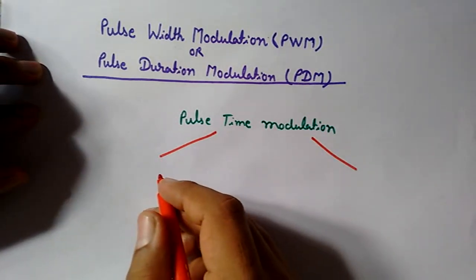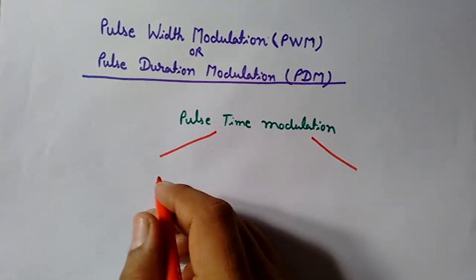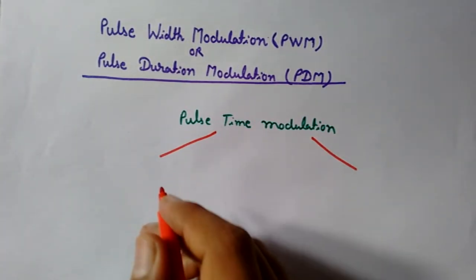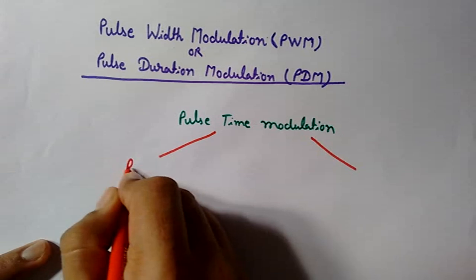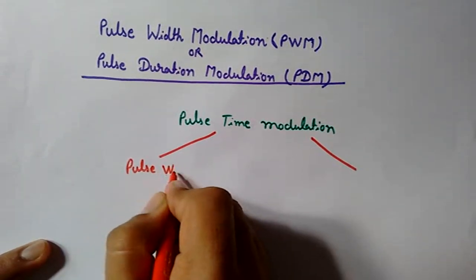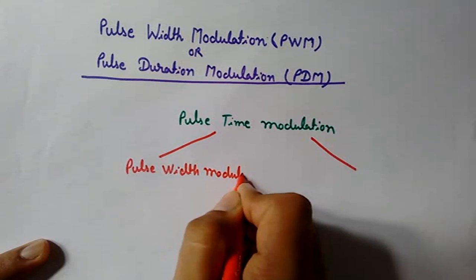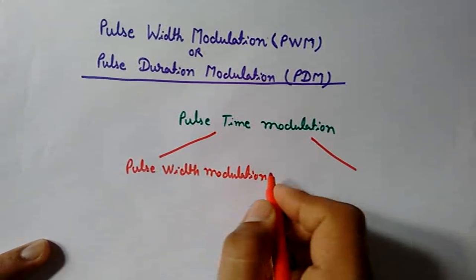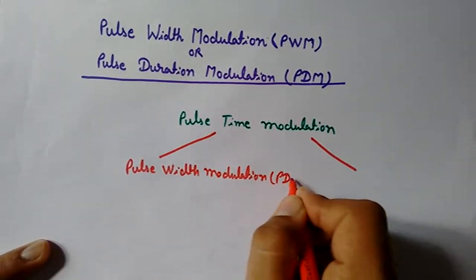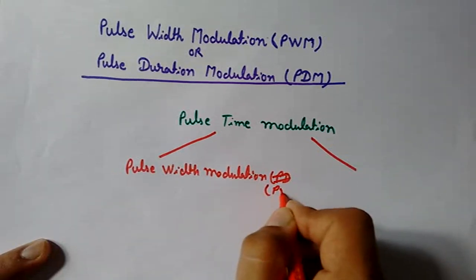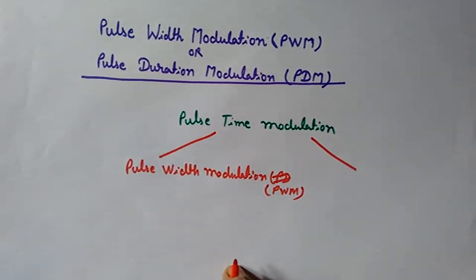These two types are pulse width modulation, PWM.